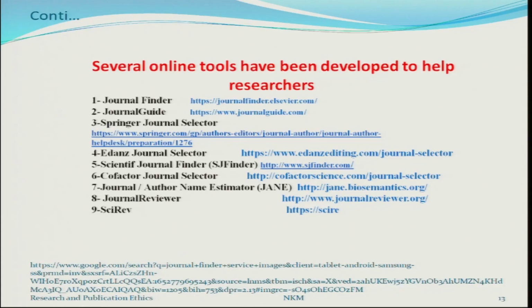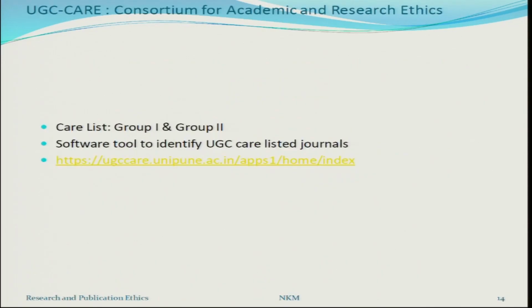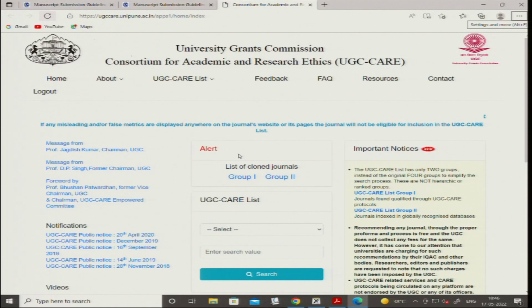For the further session we are going to demonstrate standard online services to find the suitable and right journal. Let's first demonstrate the UGC CARE system, which is developed to help scholars. In India most of the universities accept UGC CARE list publications.